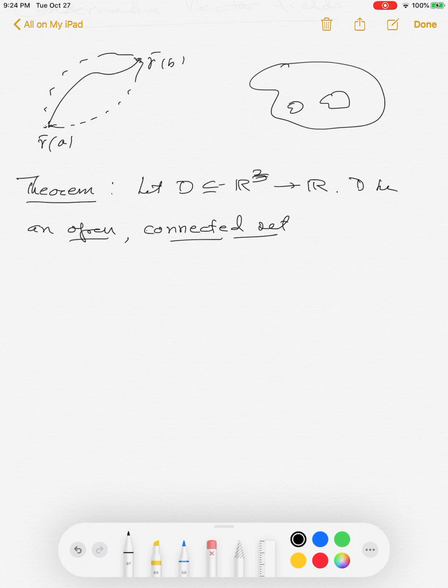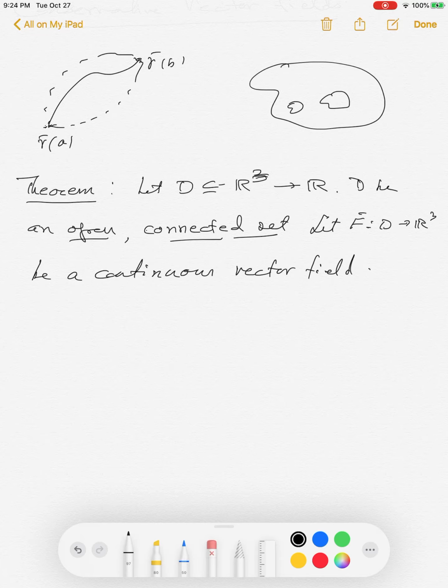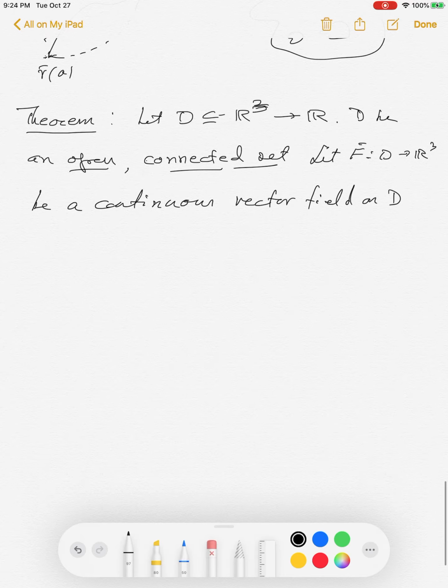That means nice blob without holes. No, here you can have holes, but it cannot be like a fractal. So let's take a nice set and let's take a function F from D to R3 be a continuous vector field. So I'm just assuming continuity of F. Then the following statements are equivalent.